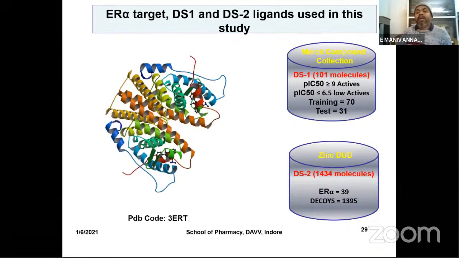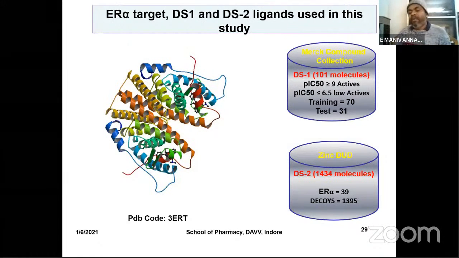That data set was downloaded from DUD-E, the Directory of Useful Decoys, Enhanced, the set for estrogen receptor alpha. It originally contains 1434 molecules. The active molecules are 39 active ligands, and the decoy molecules are 1395 molecules.